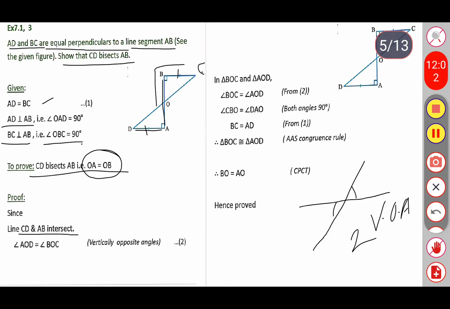So here AB and CD bisect each other at point O. The first pair is angle AOD, which is equal to angle BOC. So the two angles are equal.